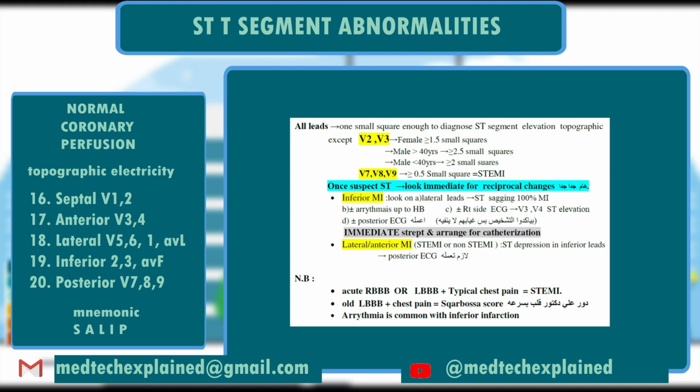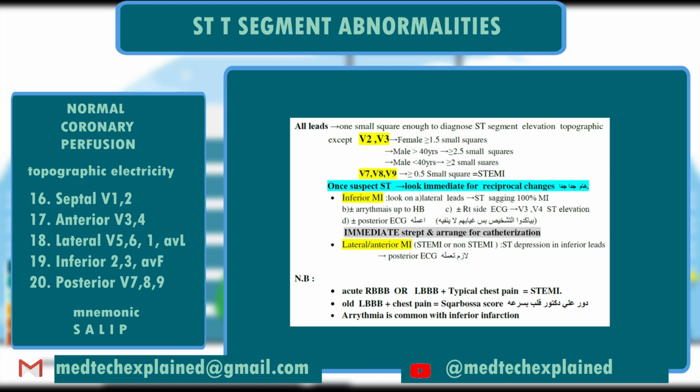On the other hand, the most anterior topographies are closer to the skin, so we require a higher level of significance in the ST elevation, or let's say a higher trigger value, to catch our attention than the average elevation of one square. So generally, in the V2 and V3 leads, if it is more than 2 squares for males or 1.5 squares for females, then we consider it a significant ST change.